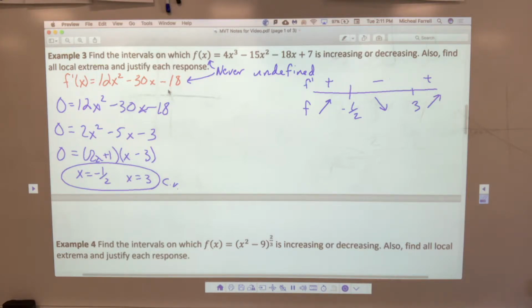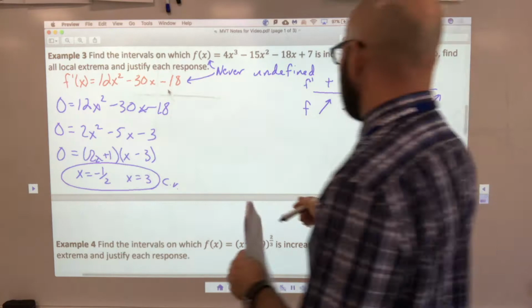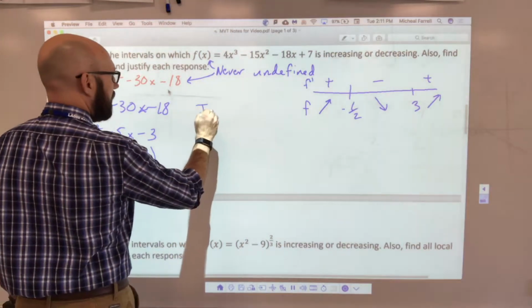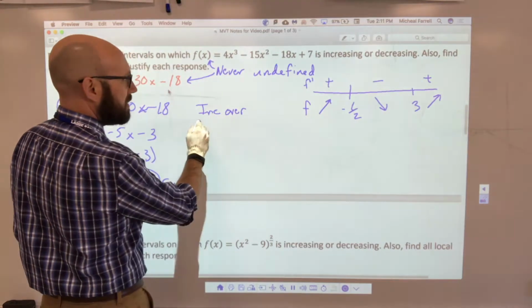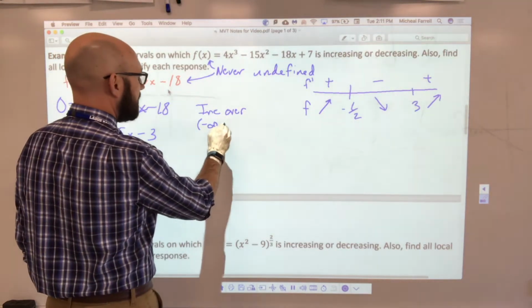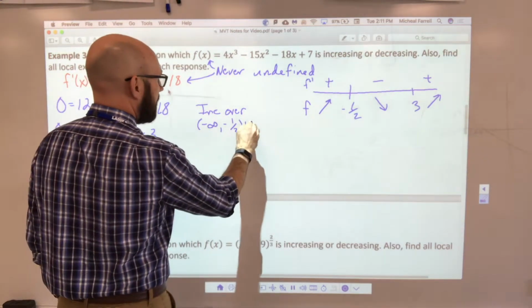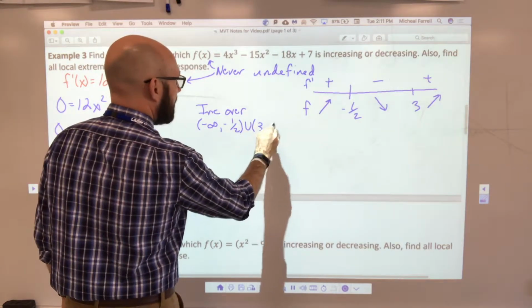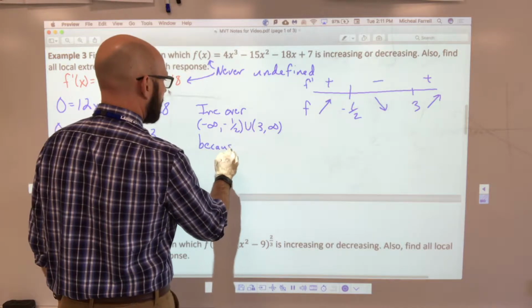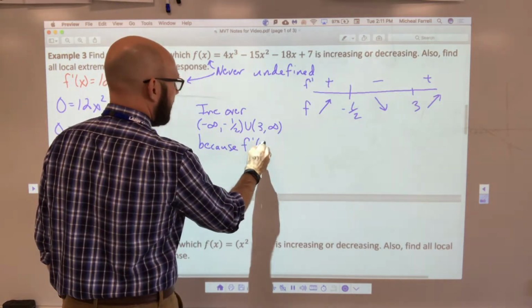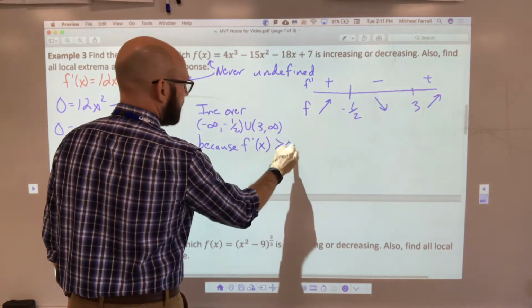So let's go with increasing and decreasing first. So I know I'm increasing over the intervals -∞ to -1/2, and then also 3 to infinity, because f prime of x is greater than 0.